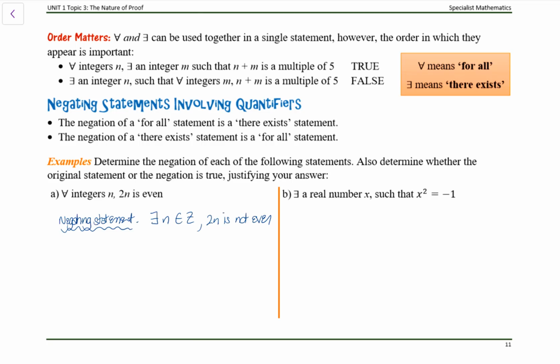If we multiply any number by 2, the result is a multiple of 2, so it has to be even.